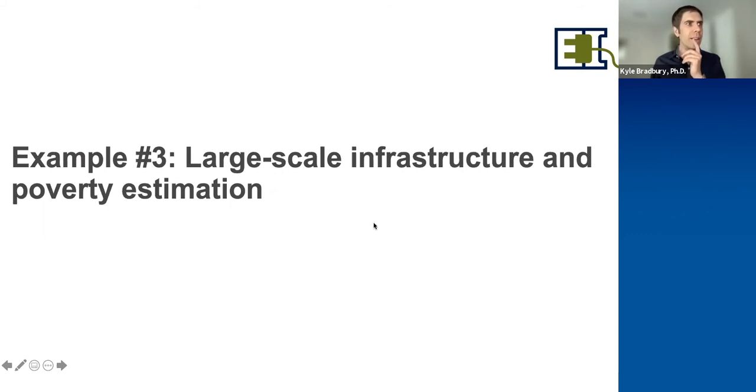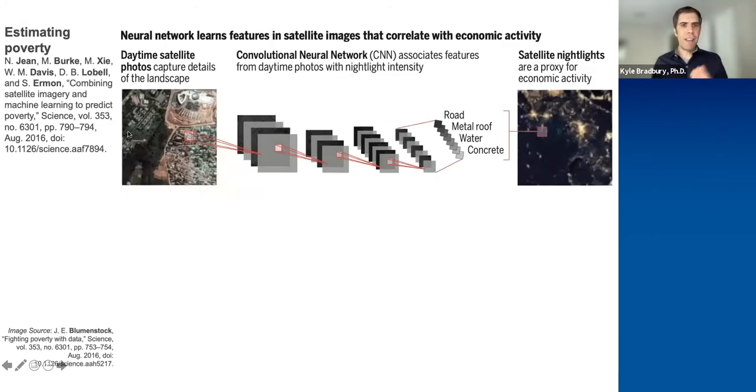Stefano Ermon and David Lobell out at Stanford, and they took satellite imagery of a landscape, and then they took the corresponding nighttime light data, Earth at night type information. And what they did, they trained an algorithm to take this input image and learn to predict from these visual features the nighttime light information.